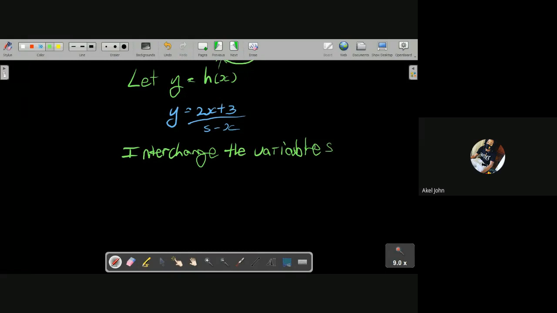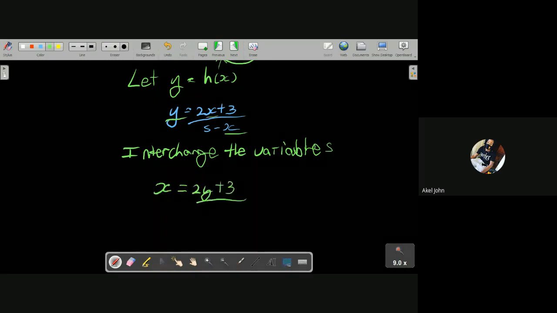So anywhere you're seeing x, you're putting y, and anywhere you're seeing y, you're putting x. So x equal to 2y plus 3 over 5 minus y.